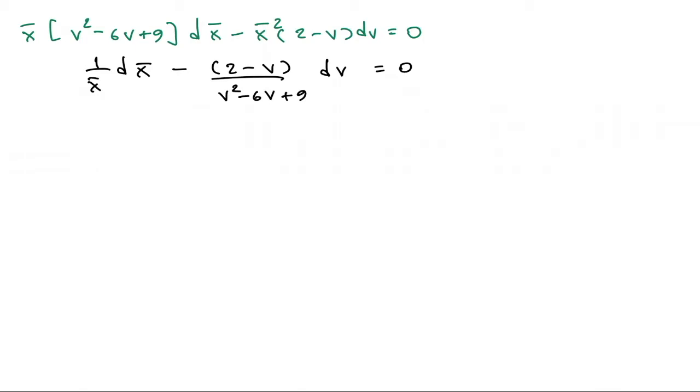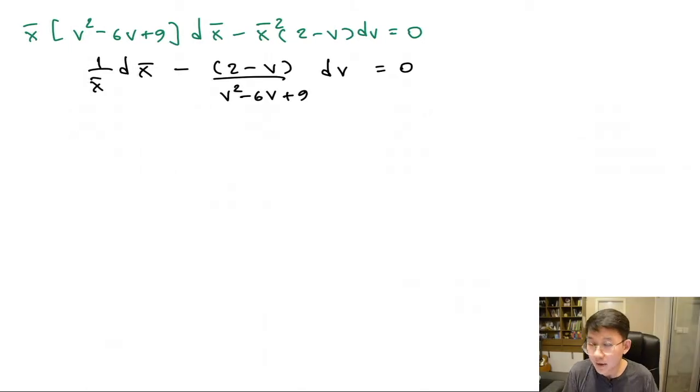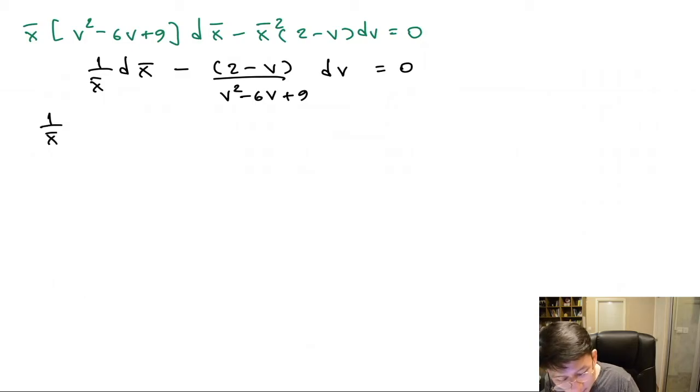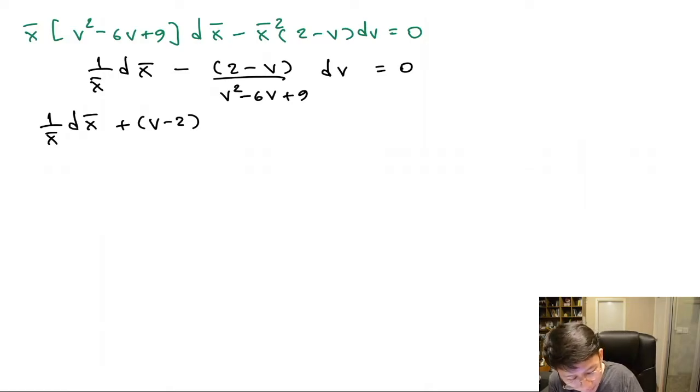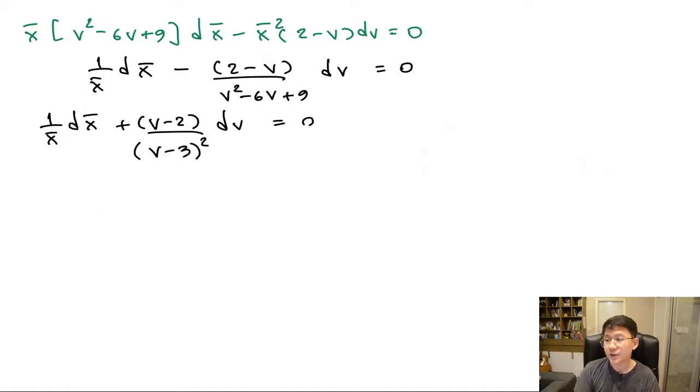Does it make sense? And then we have 1 divided by x bar dx bar plus v minus 2, right? I'll just put the minus sign here inside the parentheses. So down here is v minus 3 squared dv equals 0. And as you can see, is what?